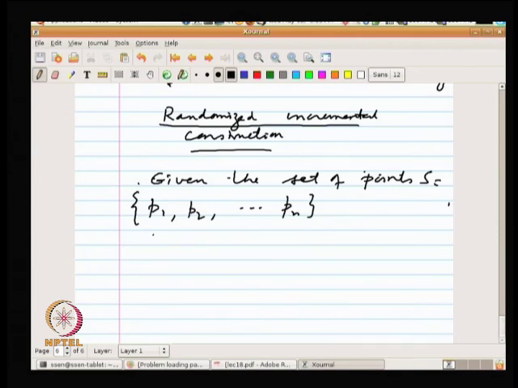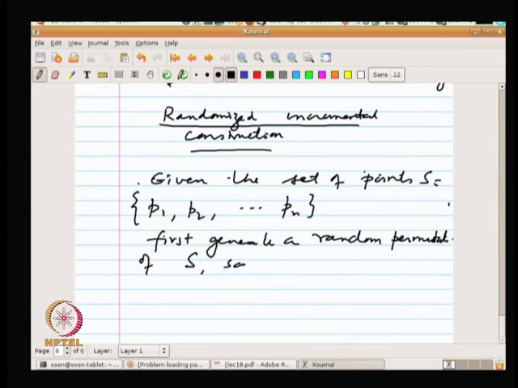Do the following. First, generate a random permutation of S. Okay, say call it Q. And that now consists of a random permutation of the given set of points. Call them Q1, Q2, Qn.